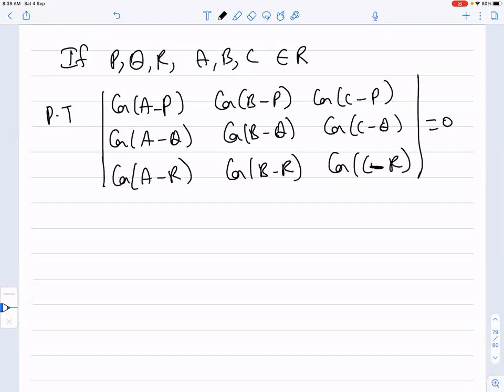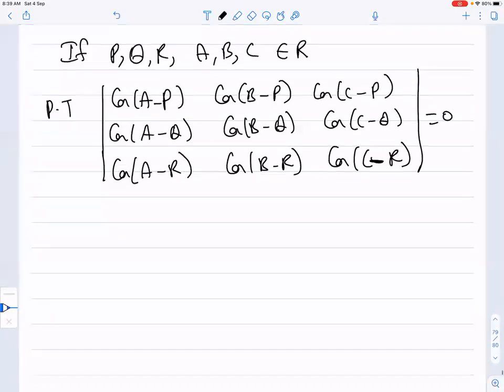Okay, prove that this determinant value is 0, irrespective of P, Q, R and ABC. Okay, let me explain.